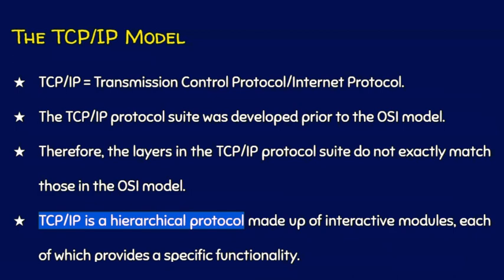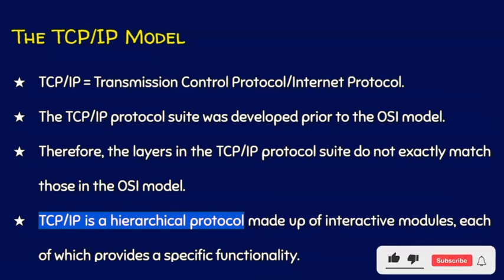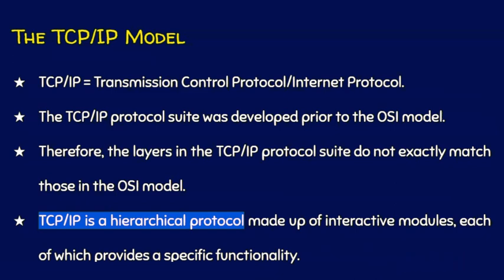We know very well that for any communication to happen in a computer network, we need IP address, MAC address and port addressing. So each layer will take care of each of these addressing. For example, one layer will take care of port addressing, another layer will take care of IP addressing, and another layer will take care of MAC addressing. So each of these is an interactive module and each module does a specific functionality.